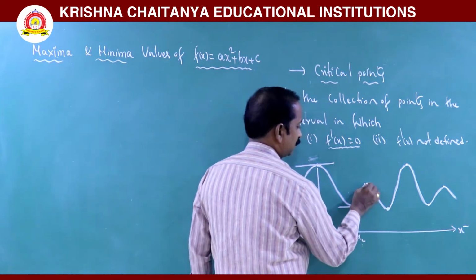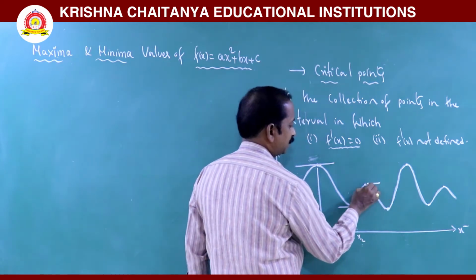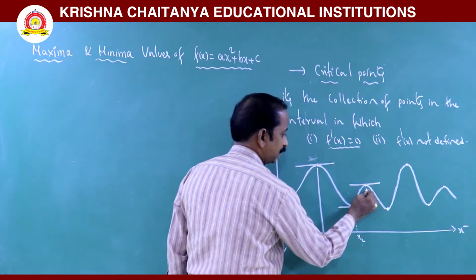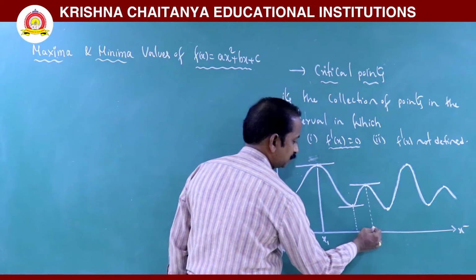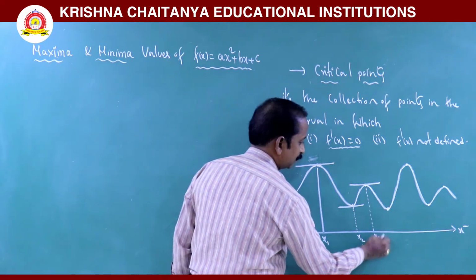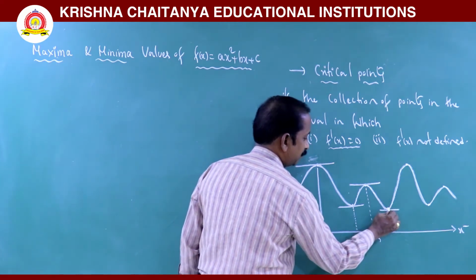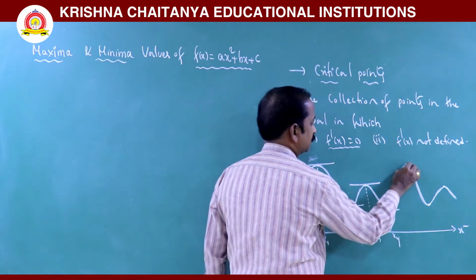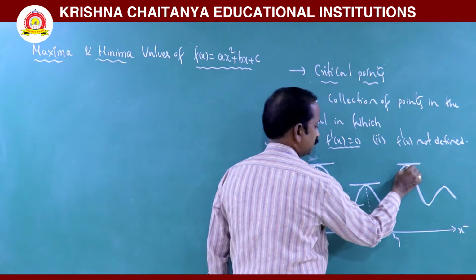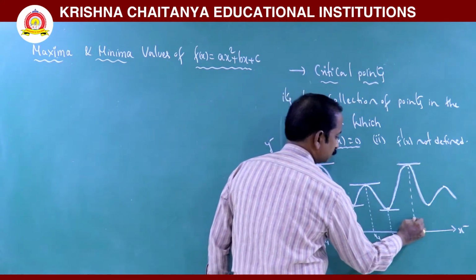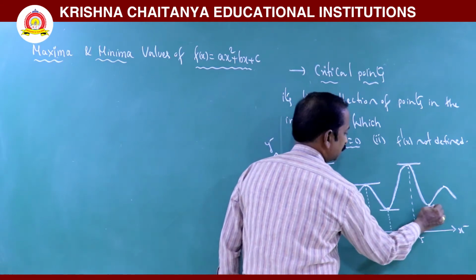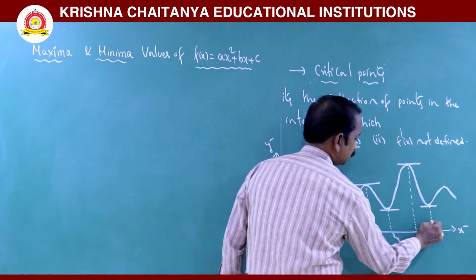Same as here, we can draw a tangent line. It is also parallel to the x axis. I can consider that point as x3. Here also the point will be considered as x4. Next, this is nothing but x5, and this is x6.